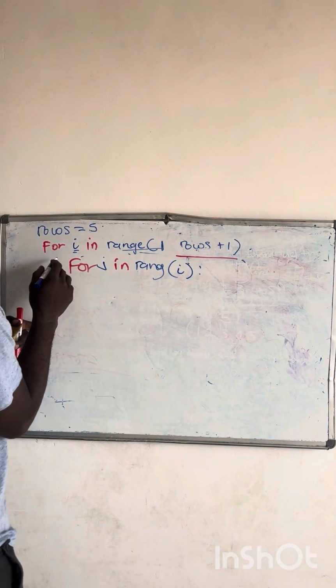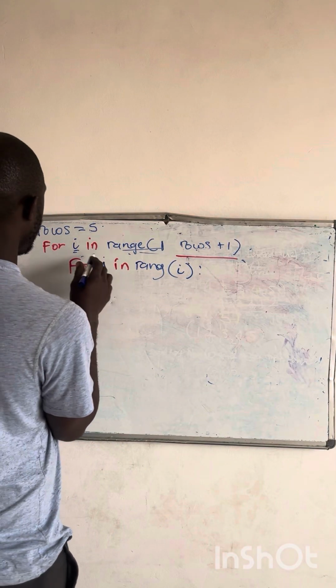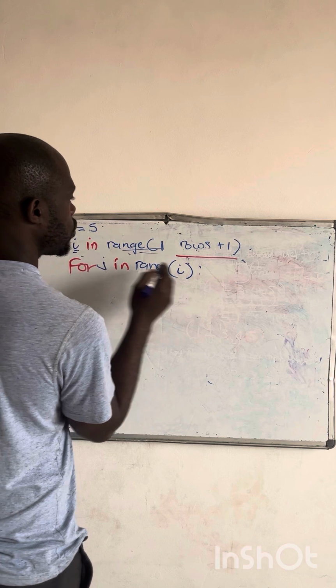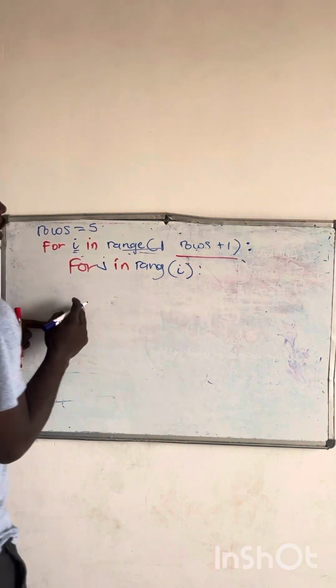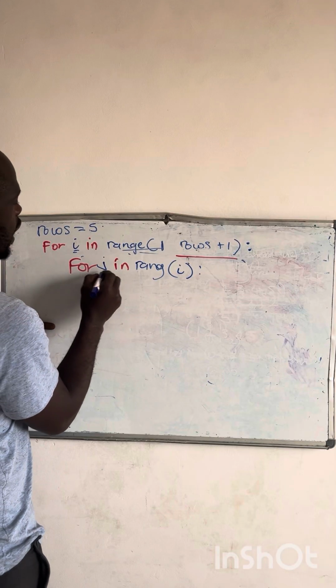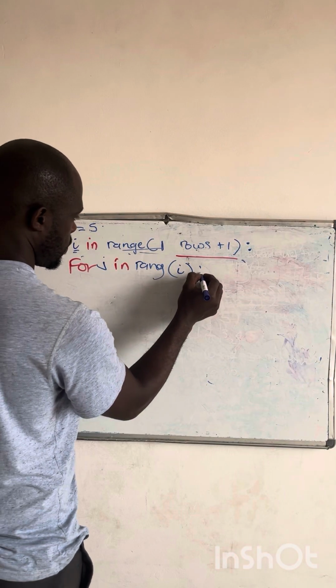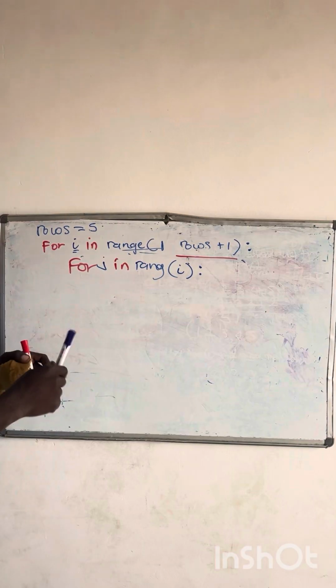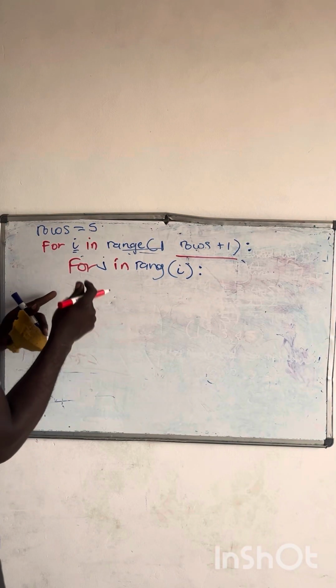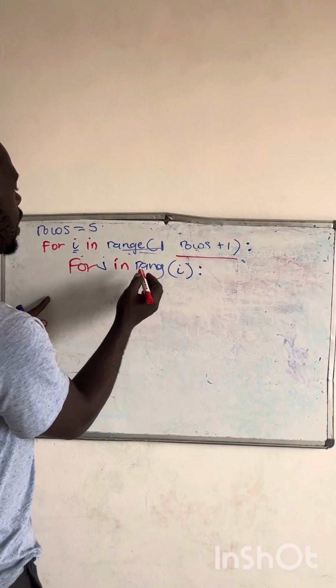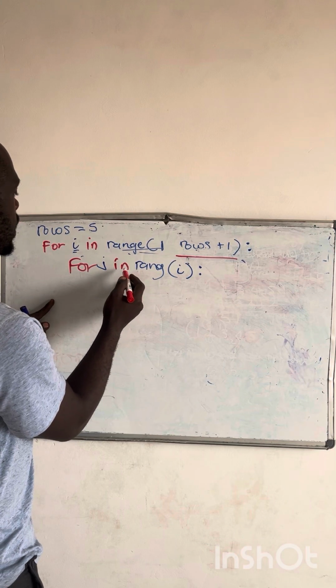Remember, whenever you put this statement, you have to end with the colon, okay? So we're going to say for j in range i. So because we are looping, this is a nested loop.